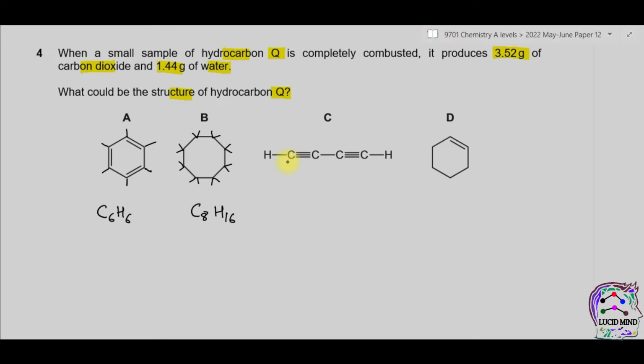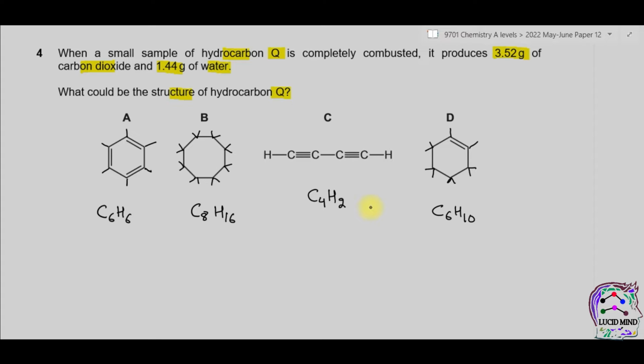For part C, we have 4 carbons and 2 hydrogens, so the formula is C4H2. For part D, we have 1 hydrogen on this carbon, 1 on this, and 2 with the other carbons, so C6H10.